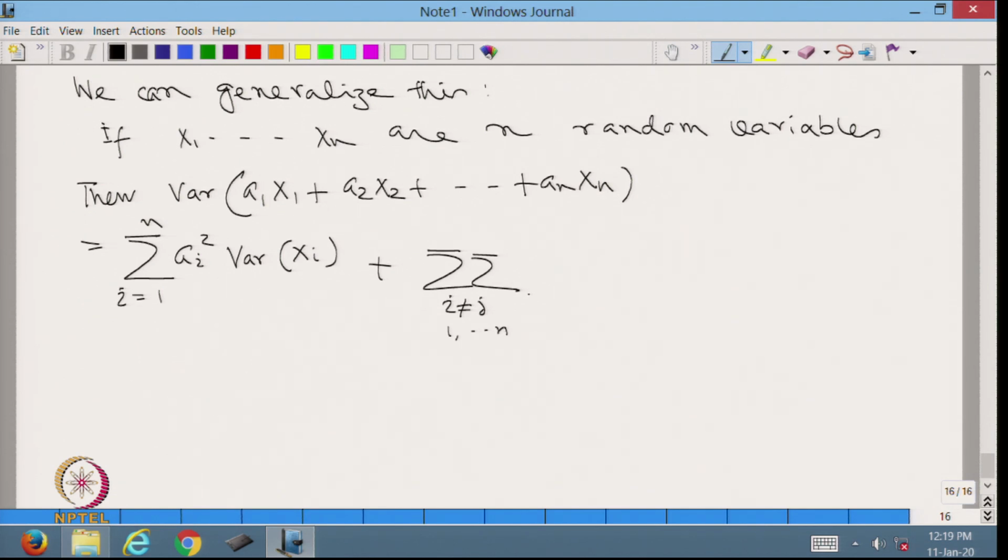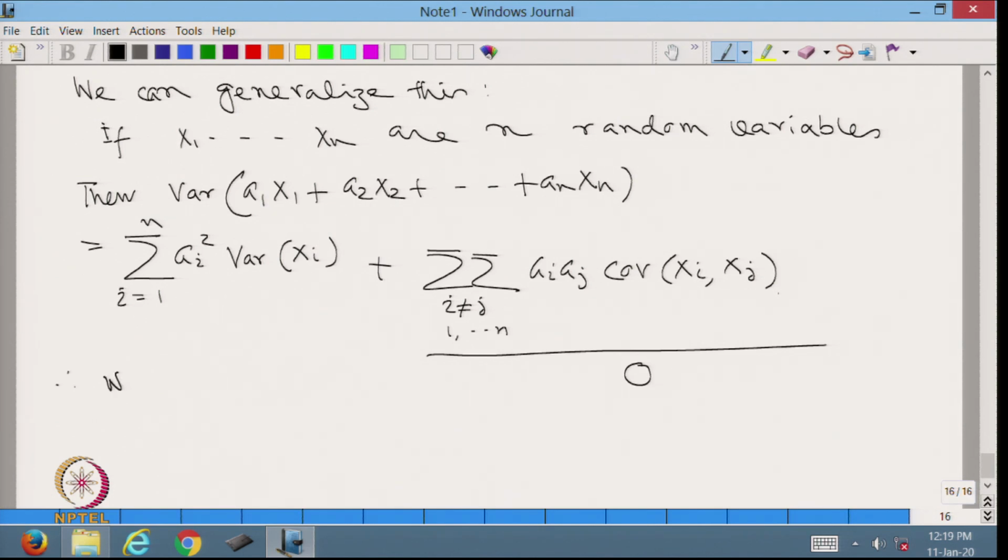That means, we are looking at n into n minus 1 many different combinations, i and j cannot be equal, and what we will get is ai aj covariance between xi, xj.